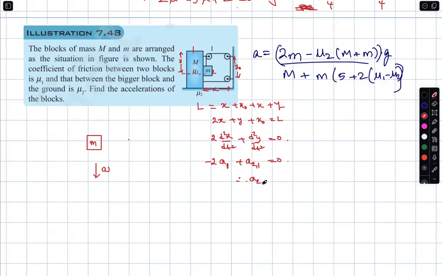Therefore, the relative acceleration is 2 times the acceleration of 1. This is drawn from last week's concept. This is the constraint. Now, I'm asking you honestly, how many started with this?